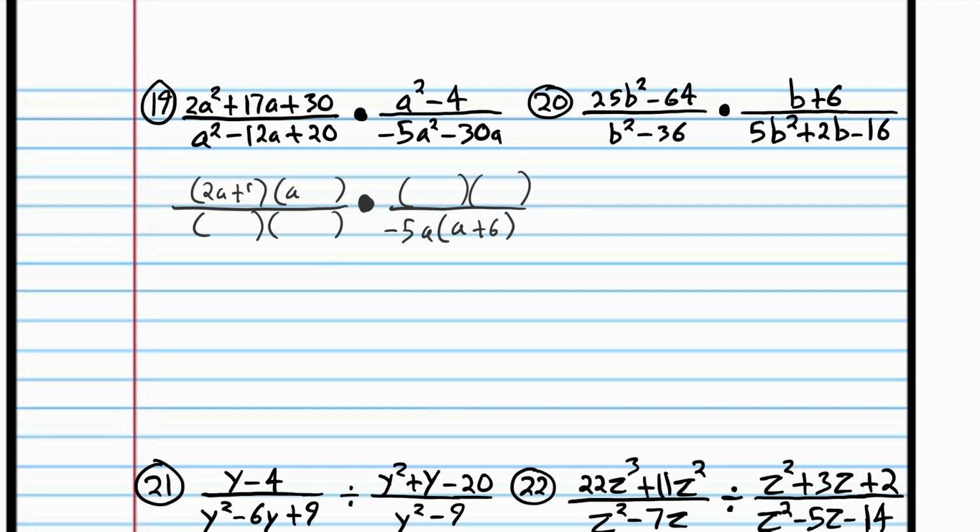I'm going to try plus 5 and plus 6. O is 12 and I is 5, so 12 plus 5 is 17, so it looks like that worked. And what two numbers multiply to 20 and add up to negative 12? That would be negative 10 times negative 2.